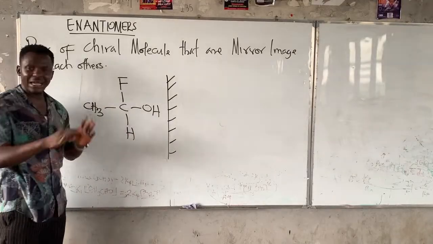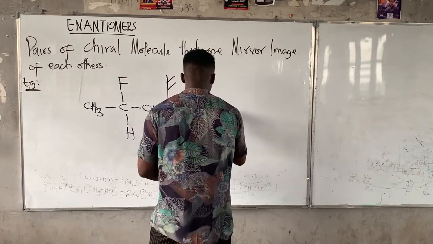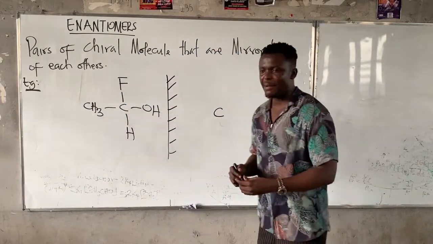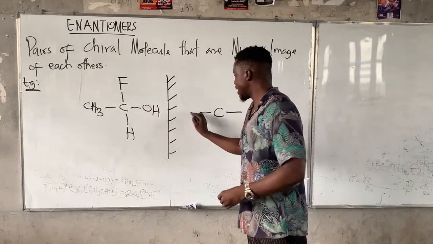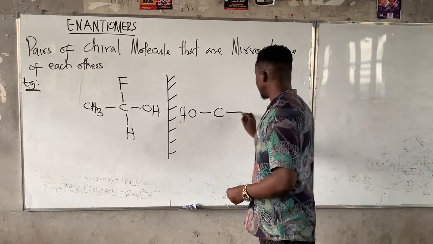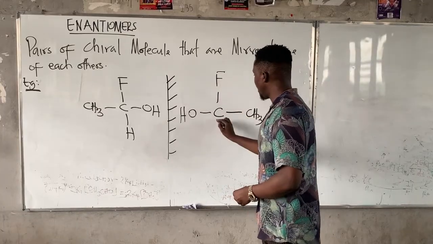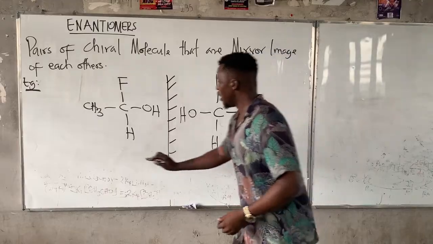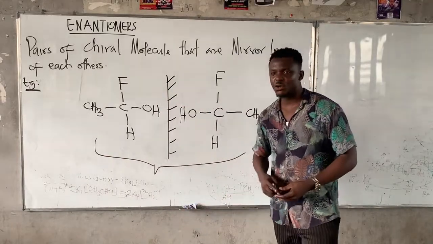Up and down remain exactly the same, no change. So the mirror of this carbon: the right-hand side was NH2, so this now comes to the left-hand side. Now this becomes H and this becomes what? H. Now these two molecules are what we call enantiomers.